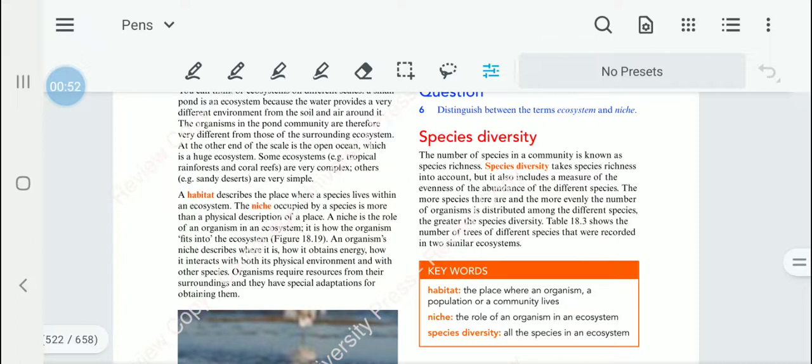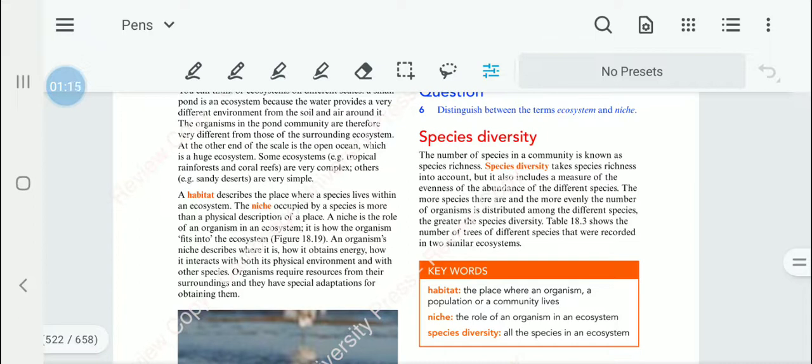So this also includes the evenness of the abundance of the different species. Evenness means how evenly distributed they are. If one species overpowers all the others, if their numbers are very much higher than the others, then the species diversity is going to be a little lesser.